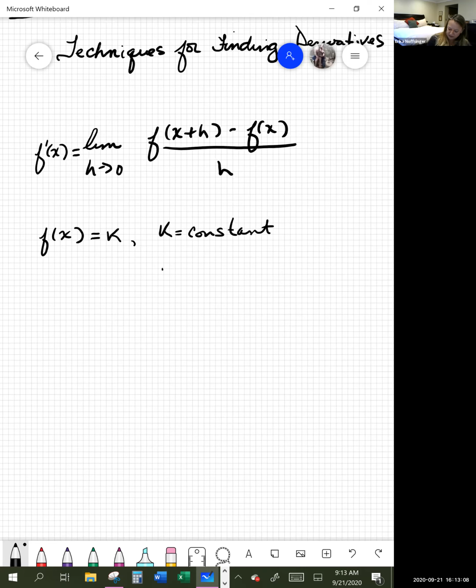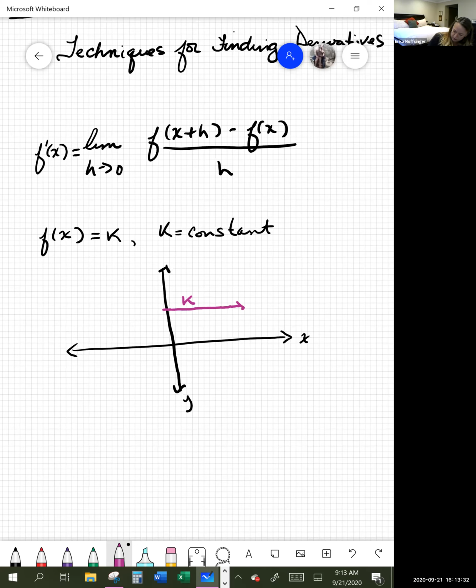If we were looking at the graph of y equals k, that's just a horizontal line through k. k could be above the x-axis, on the x-axis, or below the x-axis. I'm just putting it, in this case, above.